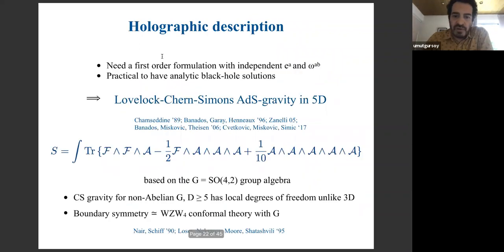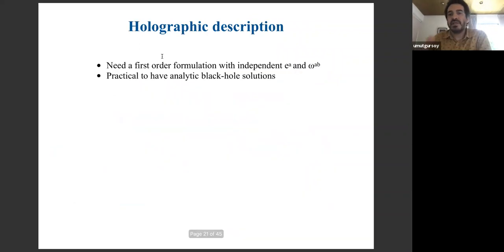What I mean by first order gravity is essentially a gravitational theory with independent vielbein and independent spin connection, which are now dynamical. And that would only be non-trivial, of course, in the presence of bulk torsion as well. So the bulk torsion will become the boundary torsion as you move towards the boundary, and the bulk torsion is an important player here.